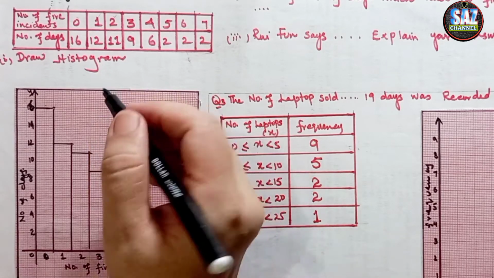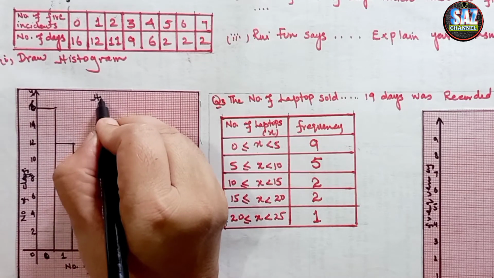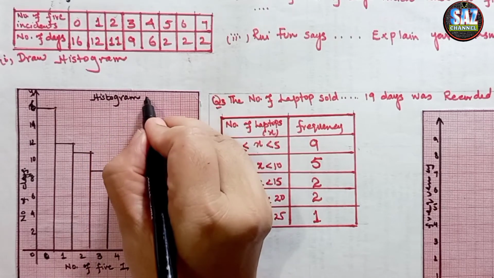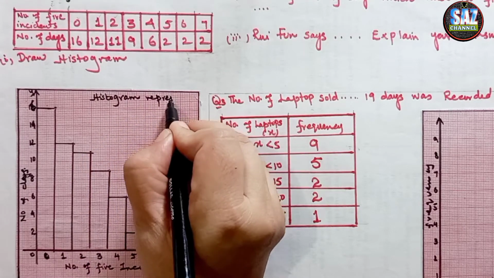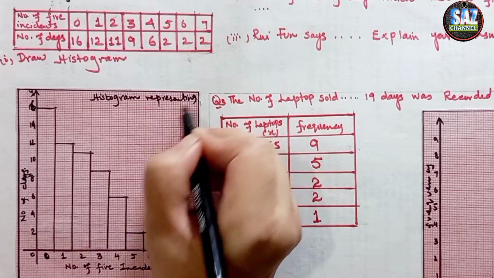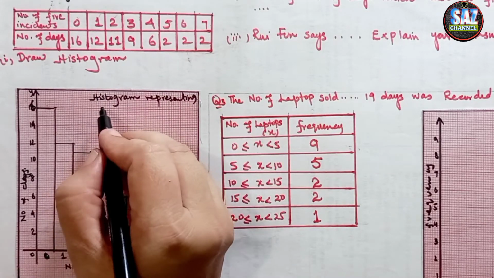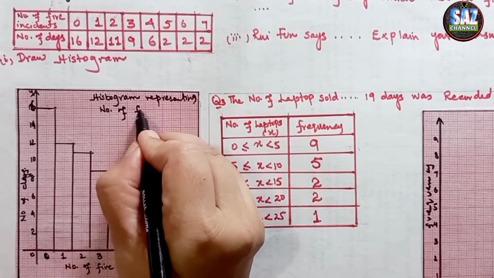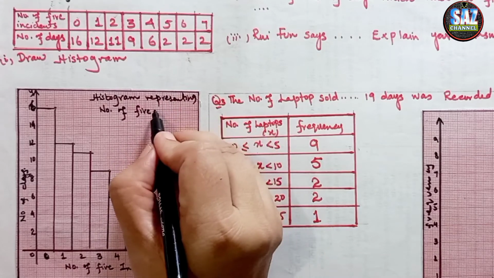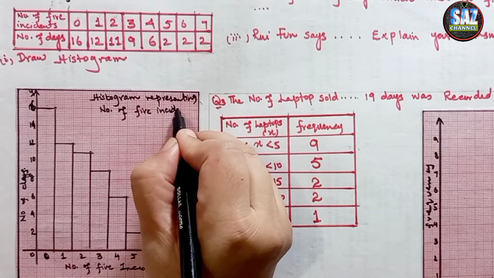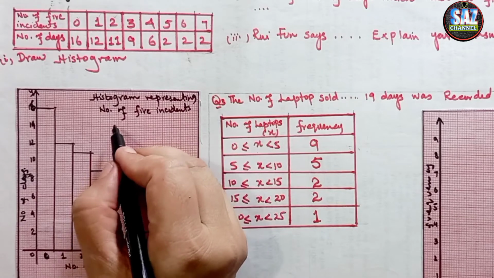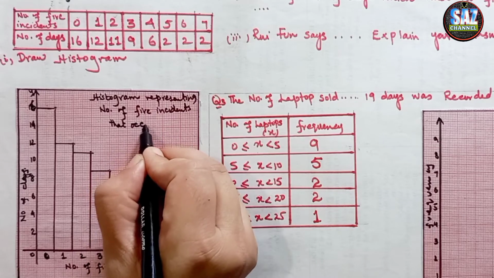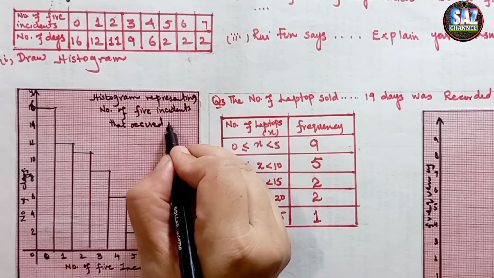Okay, histogram representing number of fire incidents that occurred in a city.